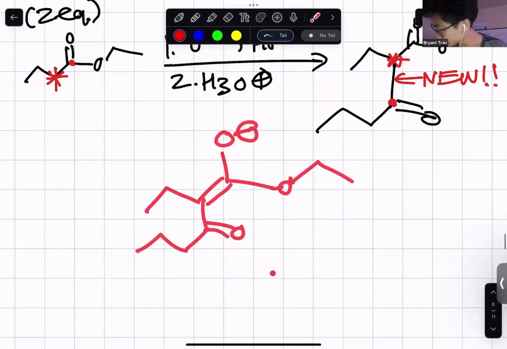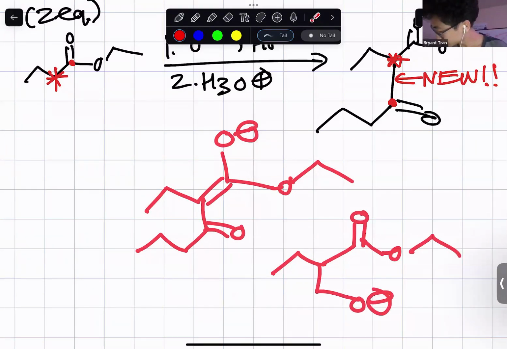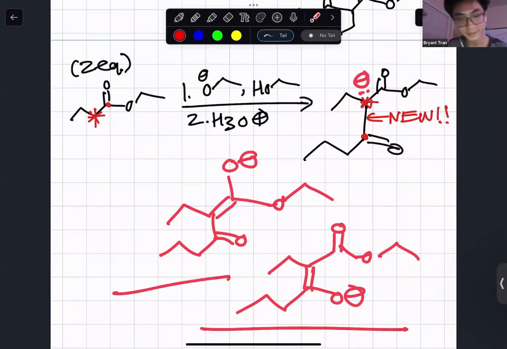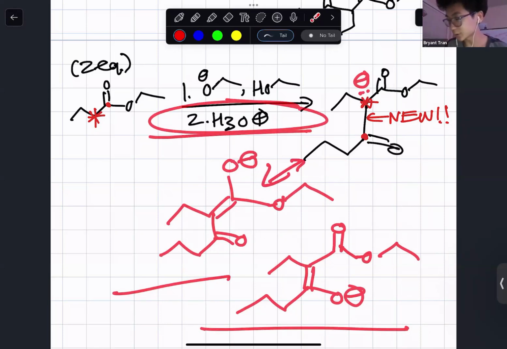Or like this. One of its resonance structures, right? Because this alpha carbon here, if it has a negative charge, it could do resonance with both carbonyls, giving us these other resonance structures here. That's if there's no acid workup. They're the same thing, but resonance structures of each other.